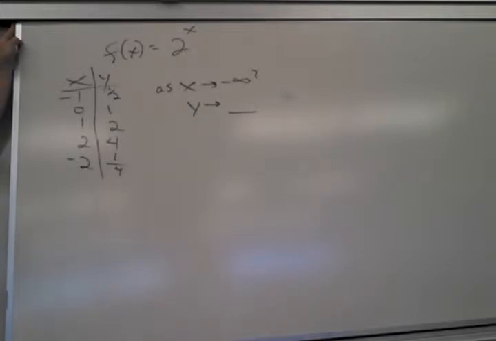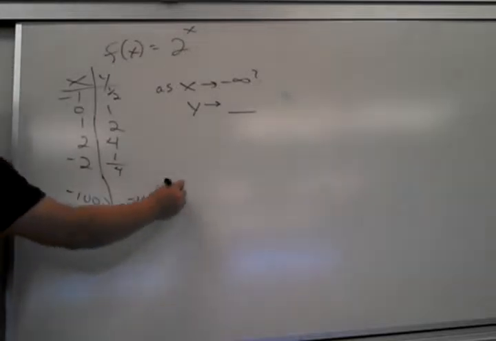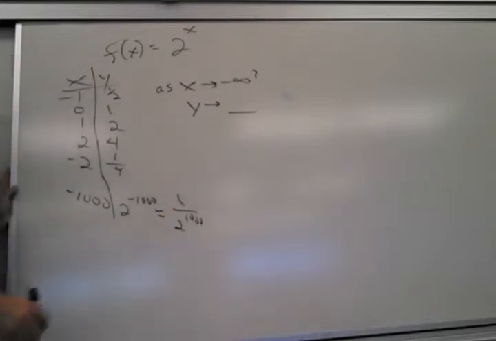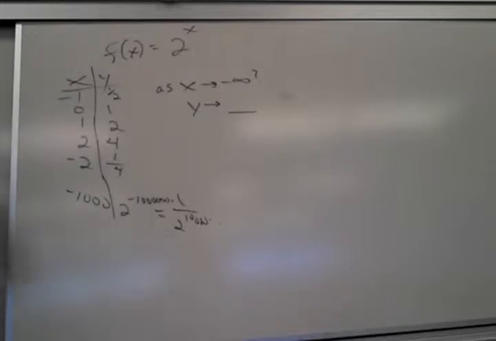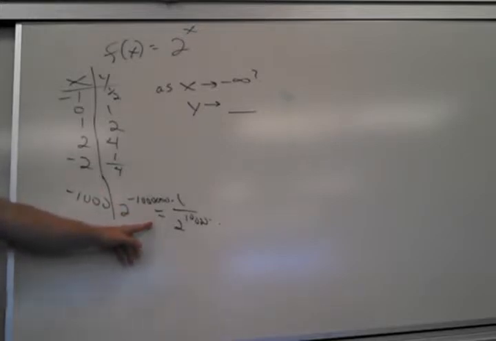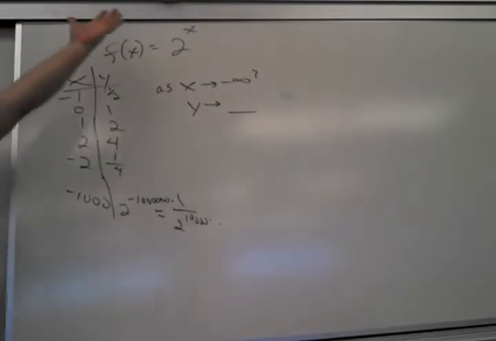If it was 2 to the negative 1,000th power, that would be 1 over 2 to the 1,000th power, which is really small, but it's not equal to 0, is it? You can tack on as many zeros as you want, and it's going to be the same story. Every time you put another 0 on, it's just smaller, but it doesn't equal 0. So of course that is an asymptote. It gets really, really close to 0 on the negative side as x gets really big negative. Of course, as x gets really big positive, this is just going to grow.